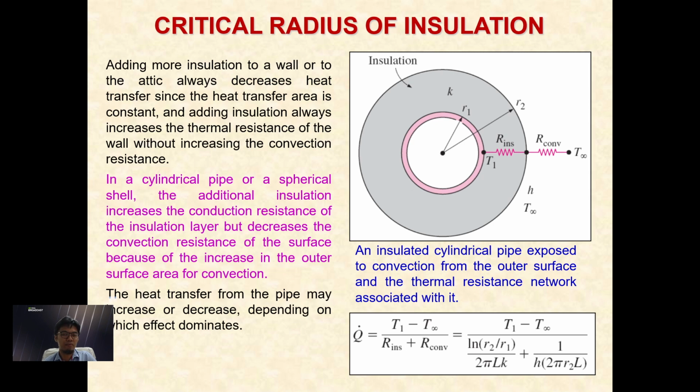For example, in the previous example, you have a long pipe where the inlet temperature is 100 degrees and for the outlet you try to maintain the temperature at least 98 degrees Celsius. So how do we prevent that pipe from having an extreme heat transfer rate?